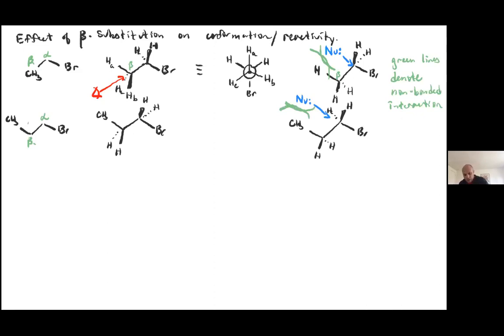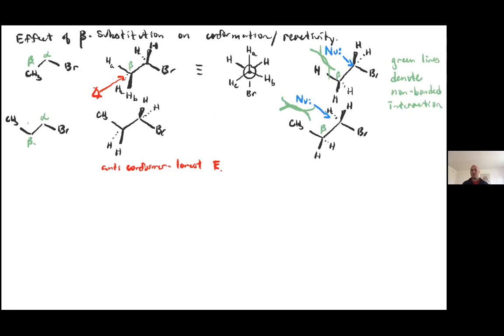And so as the nucleophile is coming in, there's going to be this beta methyl that's hanging out there in space, and it's going to essentially present an electron cloud to the nucleophile, and that's going to repel the nucleophile. Okay, and so that conformer, although it is the lowest energy, is also going to be slow to react because of this non-bonding interaction.